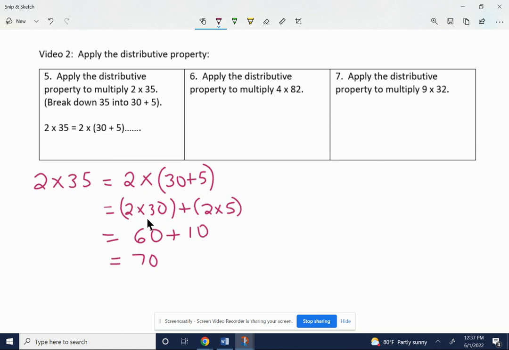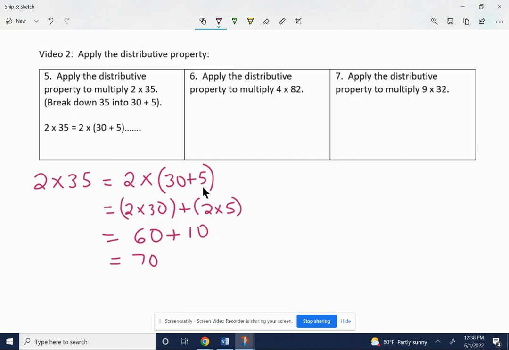But for right now, just think of it as taking a number, breaking it apart into simpler numbers, and then multiplying each of those individual numbers. Like 35 is 30 plus 5. We took 2 times 30, we took 2 times 5, and we added the answers up.